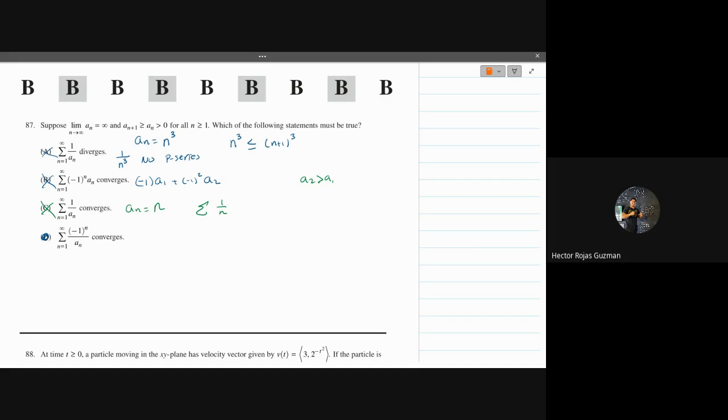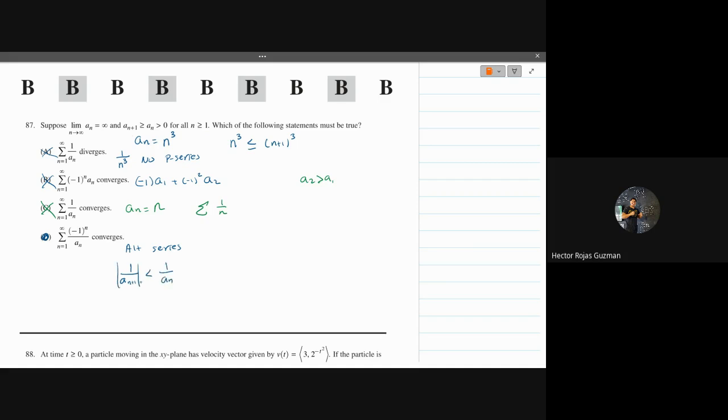And yes, it is. Because this is now an alternating series, right? It's an alternating series. So when you're dealing with alternating series, you want to make sure that the next term is smaller than the previous term.